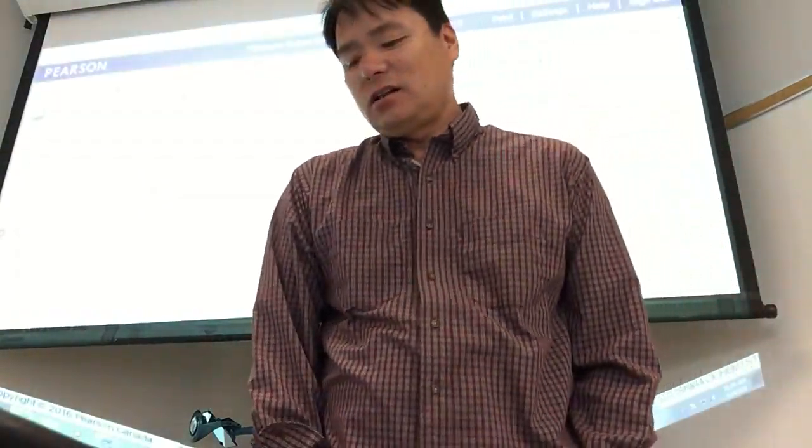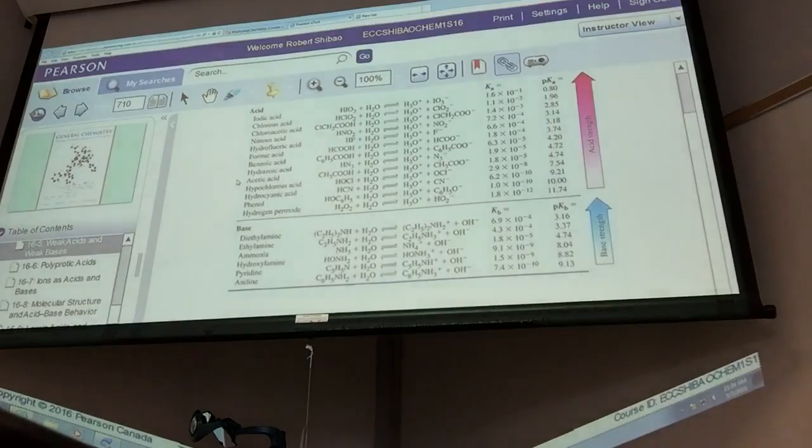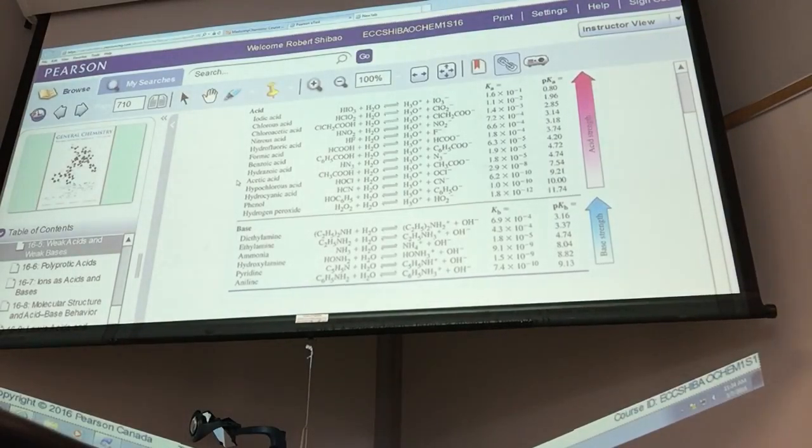Well, alcohols in general don't act as acids. Most alcohols, like methanol, ethanol, the only way they'd act as an acid is if you have an extremely powerful base, like amide or something like that, come along and pluck the hydrogen.